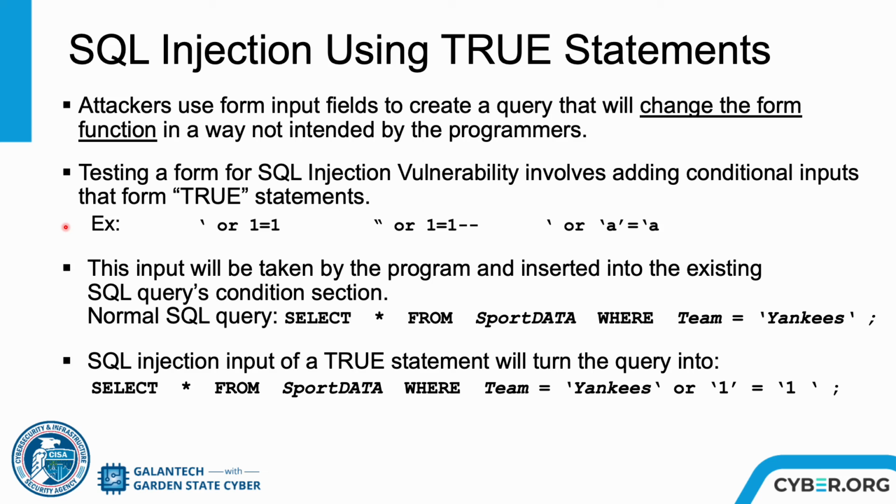Here are some examples of that. This input will be taken by the program and then inserted into the existing SQL query's condition section. So here's the normal SQL query, and then the SQL injection input of a true statement will turn that query into this.